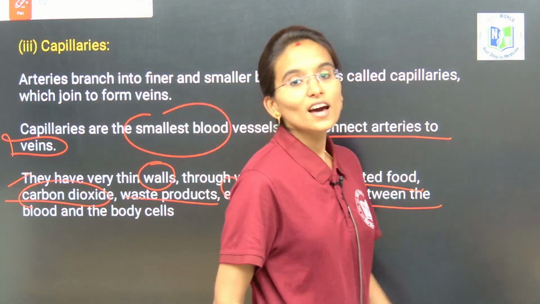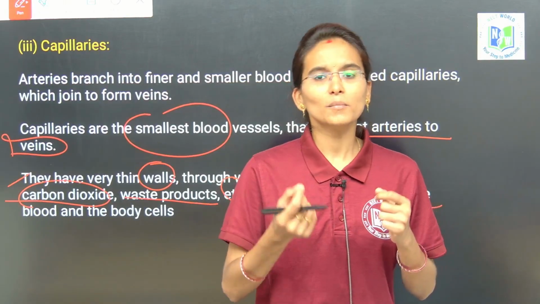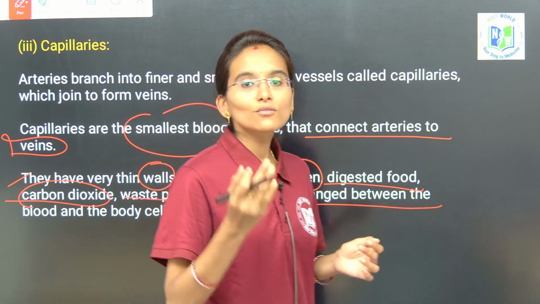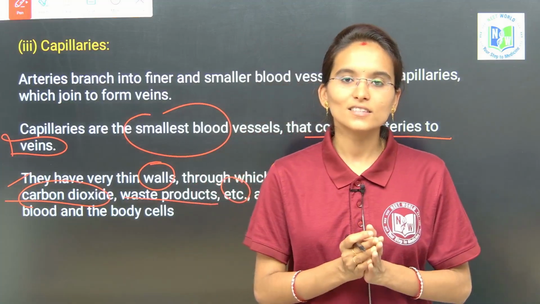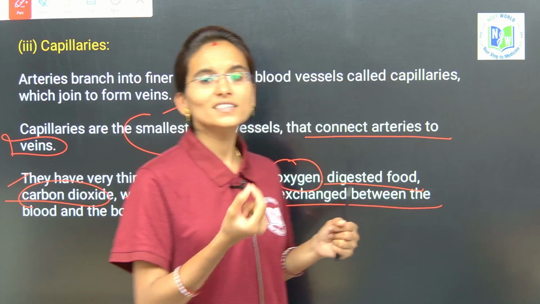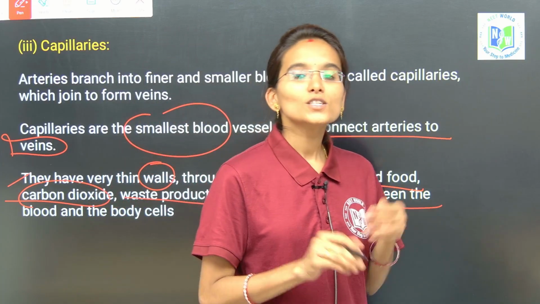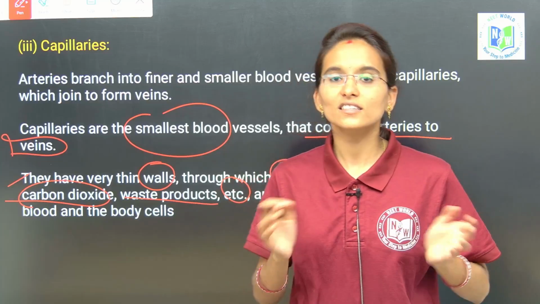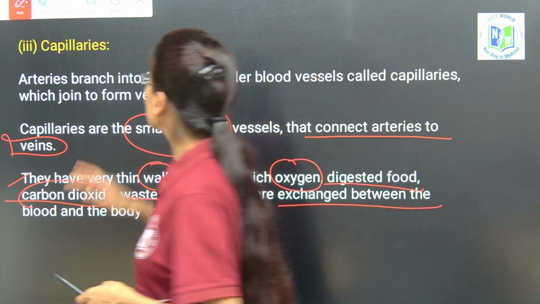In our lungs also we have minute capillaries, which are involved in the exchange of gases. The walls of the capillaries are very fine and thin, my dear students. This is the reason the exchange of gases and digested food materials takes place easily.